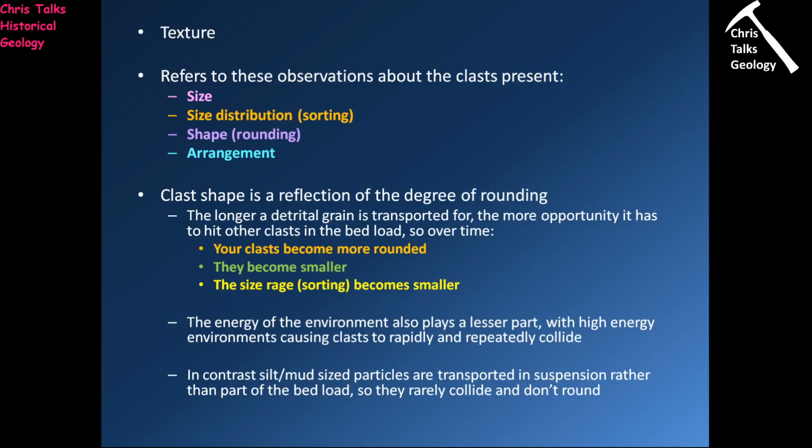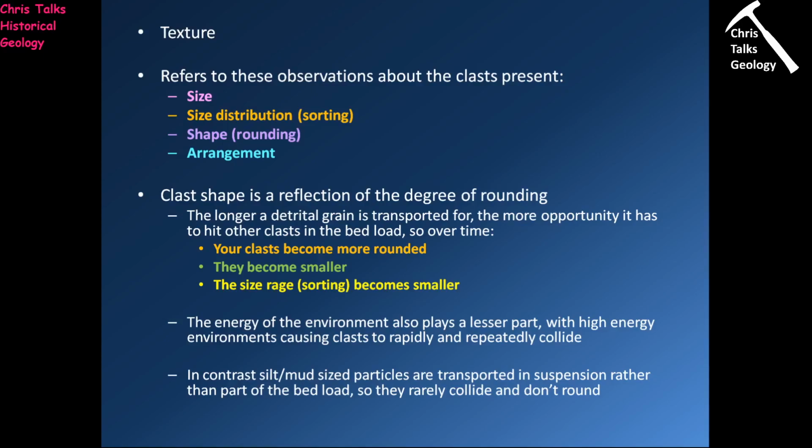That sediment is entering these braided river systems in the mountains, and it's being transported. So the sediment hasn't actually been transported very far, it's still in the mountains. But because the transporting medium, the river, has lots of energy, it's causing these cobble and gravel-sized clasts to constantly bang into each other and to slowly round themselves off, or should I say actually quite quickly round themselves off.